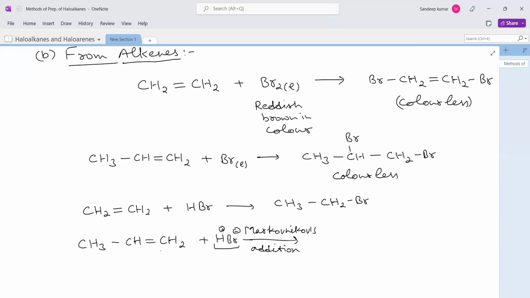Some students are confused about which carbon atom has fewer hydrogen atoms. In this, we only look at the carbon atoms linked to each other by the multiple bond. This carbon atom has only one hydrogen atom, whereas the other one has two hydrogen atoms. So we will have the product as CH3, CH, Br, and CH3.